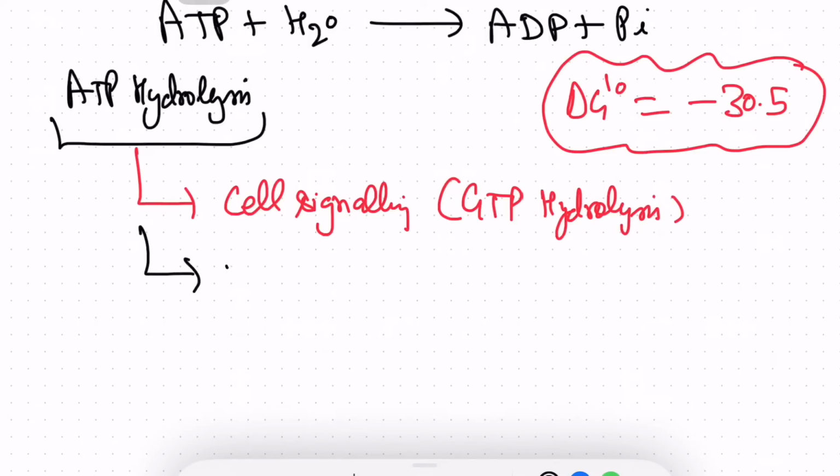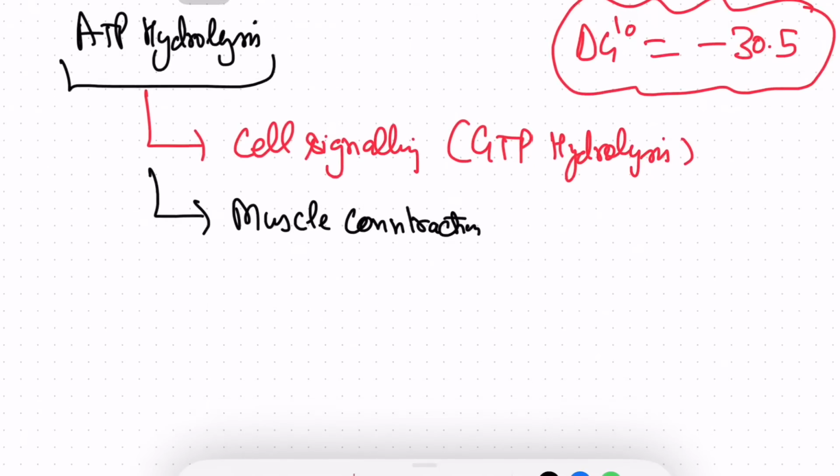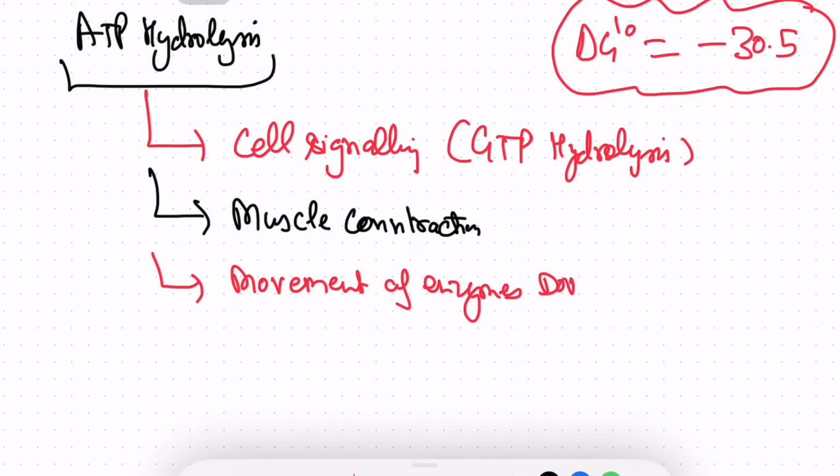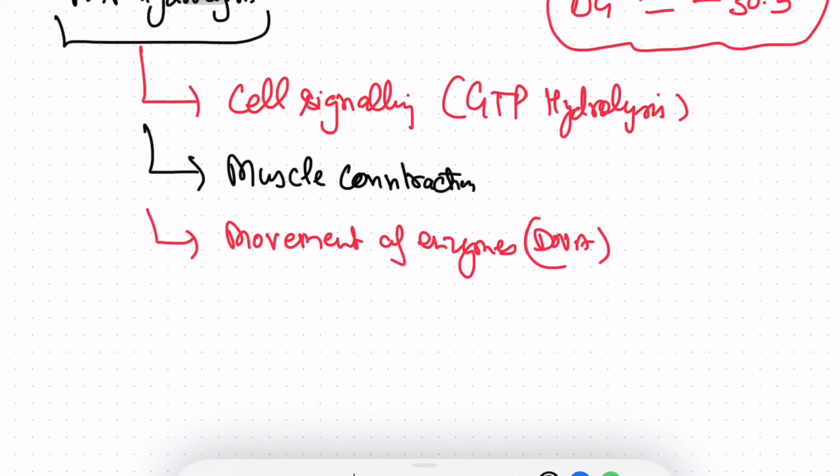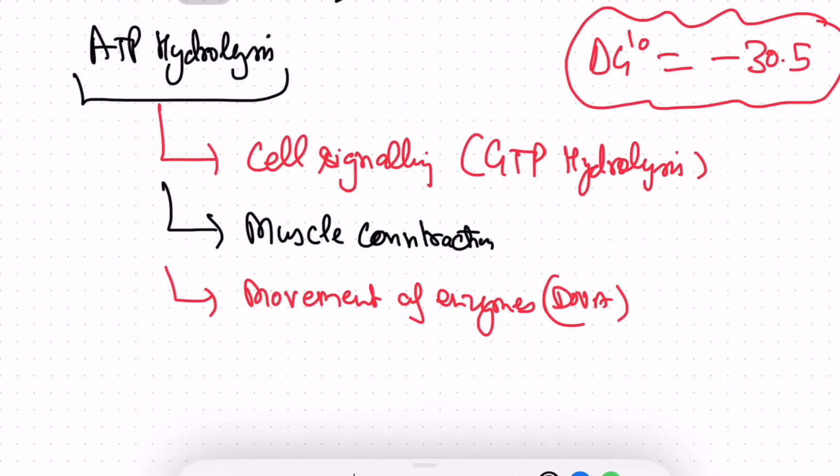Same way, during muscle contraction, you are going to see ATP hydrolysis. Same way, if you see the movement of enzymes, when DNA polymerase enzymes move along the DNA, during the movement of enzymes you are going to see ATP hydrolysis.